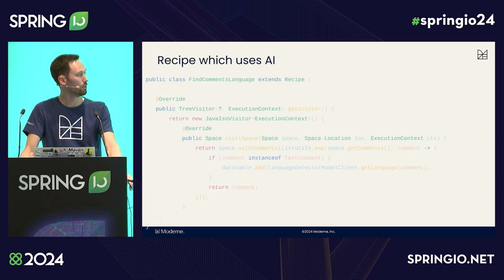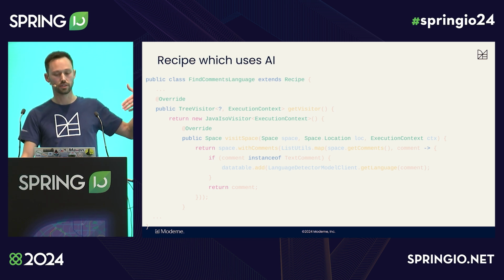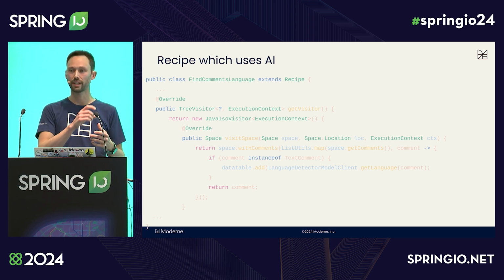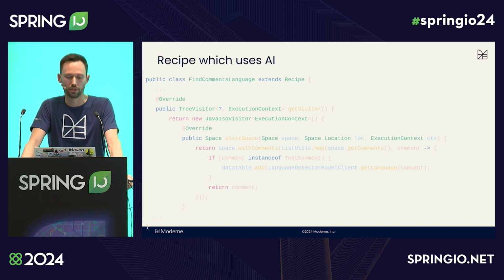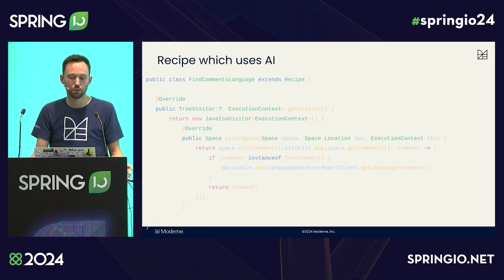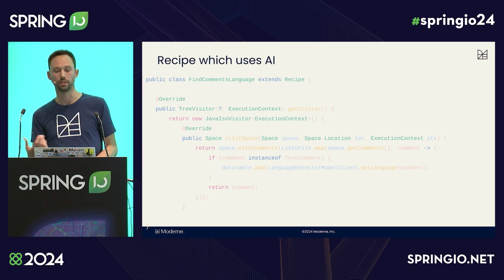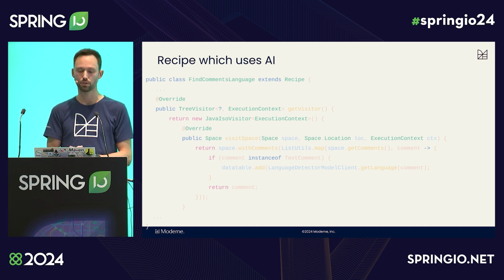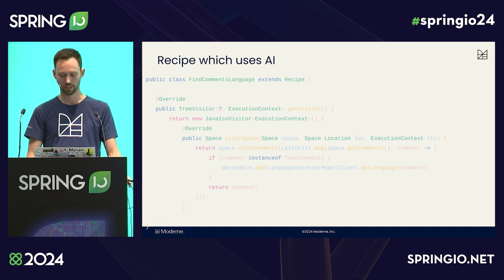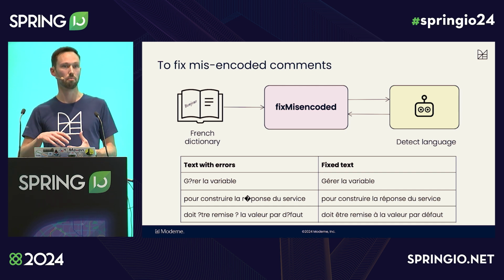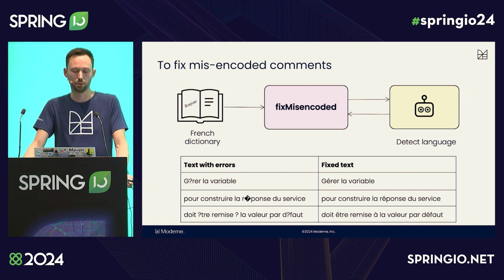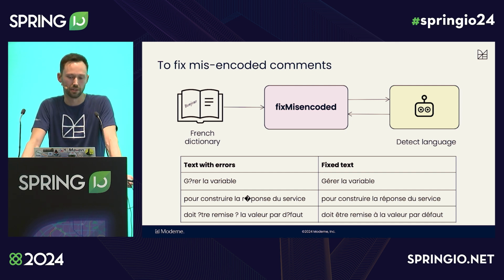As you can see here, we have a visitor pattern that visits any comments, and from there calls out to a small sidecar model to detect the language used. And this alone was useful to gain insight into their use, but it also allowed us to fix a problem that they were having. Because being a big Canadian bank, they also had a lot of changes made through the source code over time, and one of those was that they frequently switched encodings.